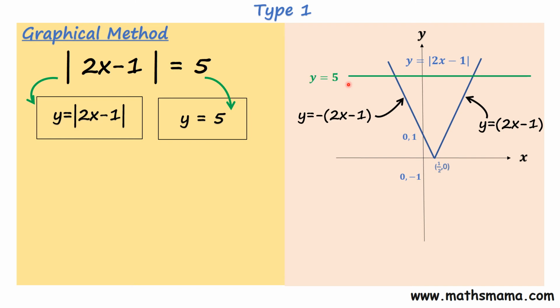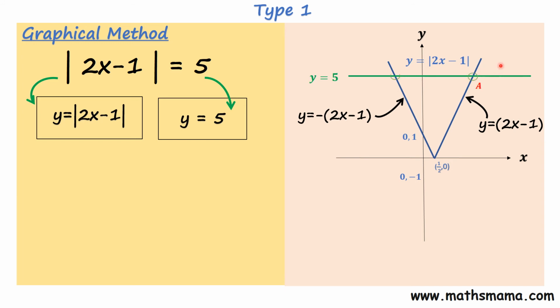So we have already finished the groundwork to find the answers. Now guess and tell me what is the relationship of this sketch to the solutions of our modulus equation. Yes, the solutions are going to be the x coordinates of these intersecting points.